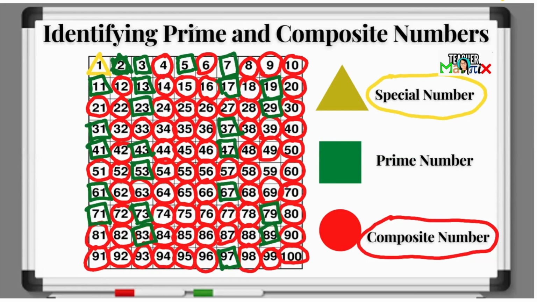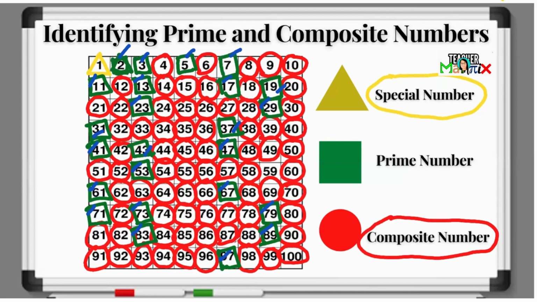Now, let's count all together the number of prime numbers. Okay, prime numbers, let me check. 1, 2, 3, 4, 5, 6, 7, 8, 9, 10, 11, 12, 13, 14, 15, 16, 17, 18, 19, 20, 21, 22, 23, 24.